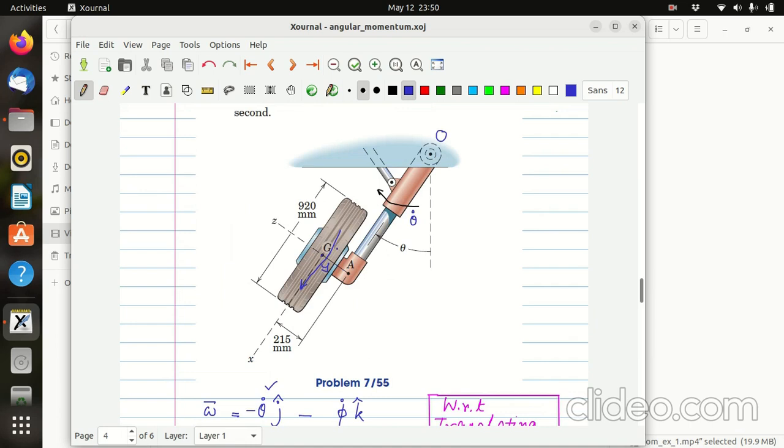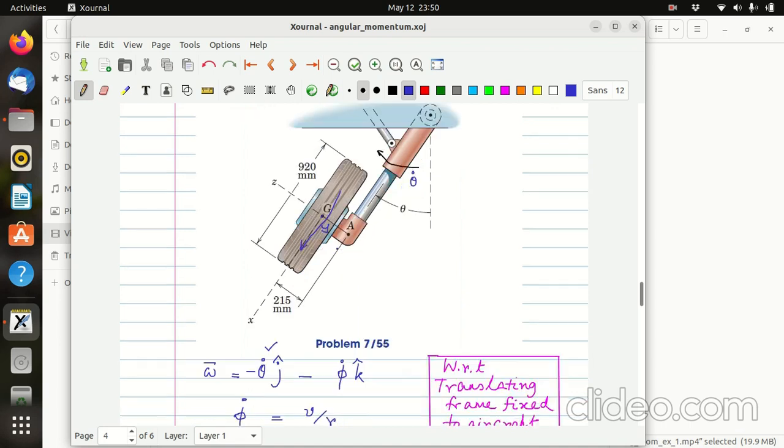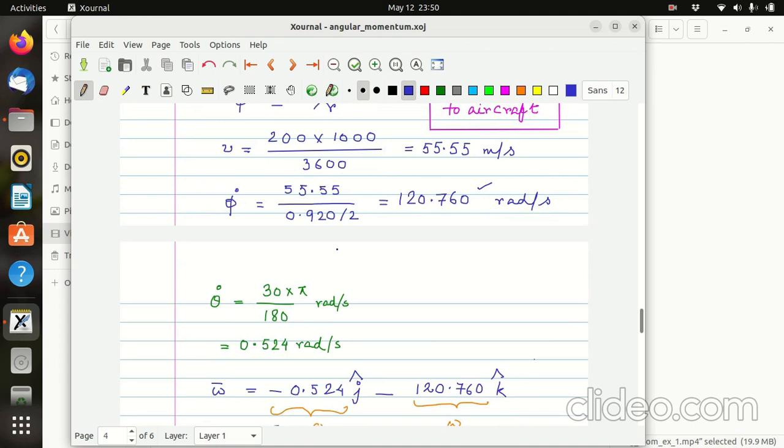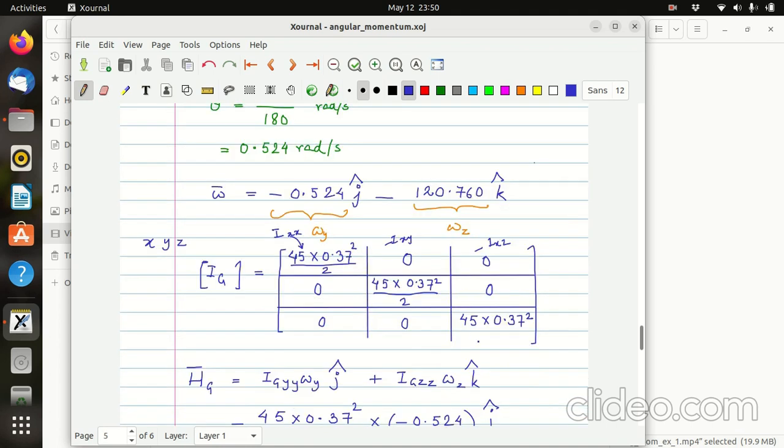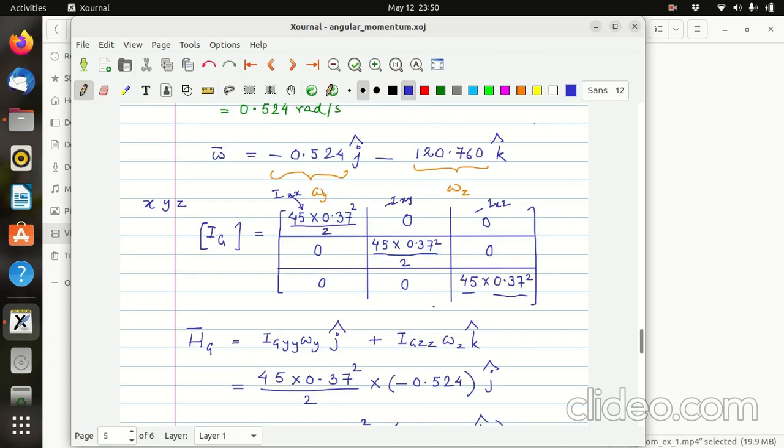Due to symmetry the product of inertia terms are 0, and Izz is mass into radius of gyration squared. Since it is a thin disk, Ixx and Iyy, the diametral moments of inertia, are half of Izz.